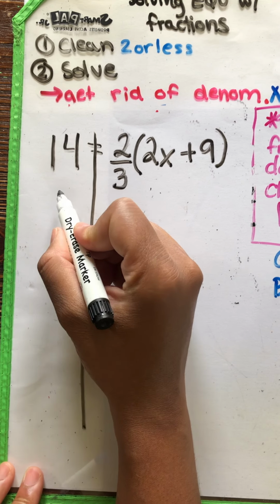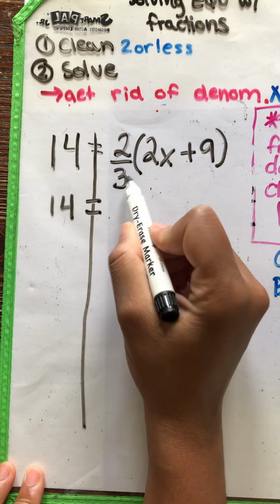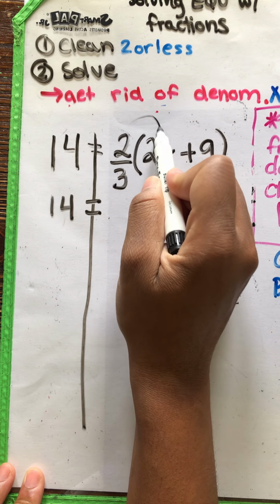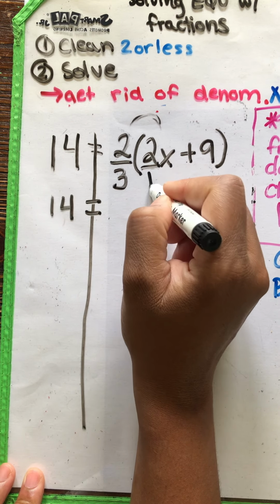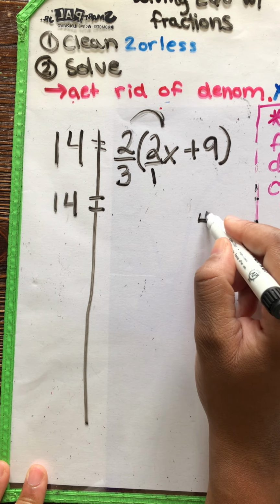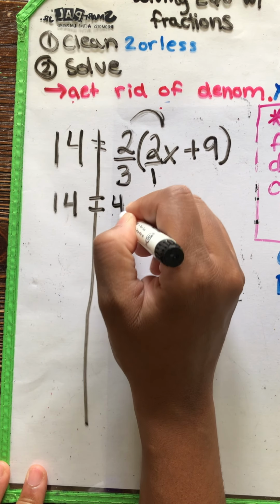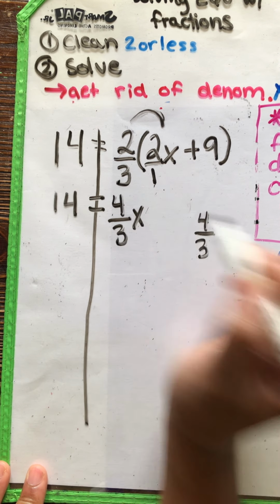All right, this left side's good to go. This right side I have to distribute. So top times top, you might want to recall for this. Top times top is a 4. Bottom times bottom is a 3. 4/3 does not clean up, so it's just 4/3 x.